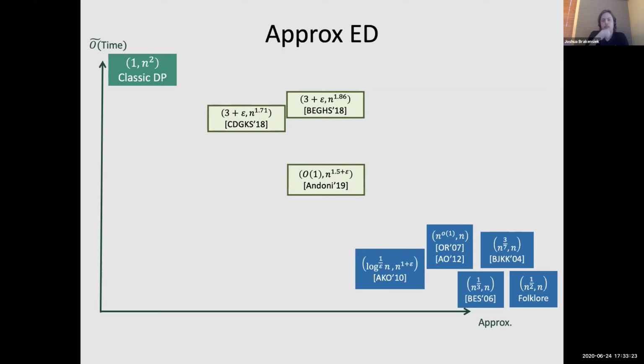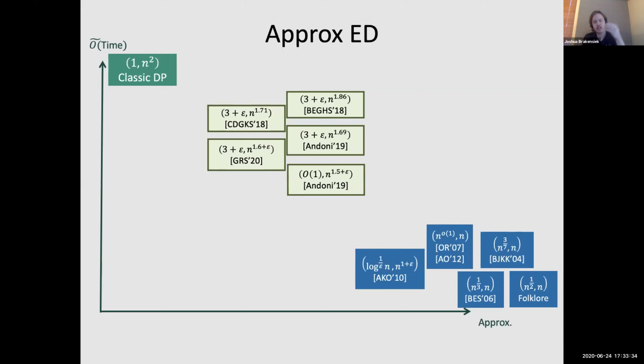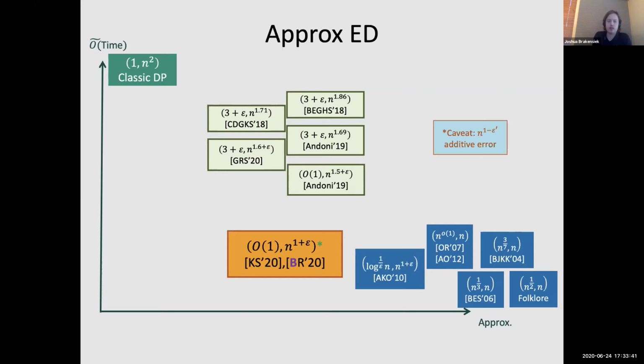And then, as was mentioned in Aviad's talk, there have been a few other algorithms that improved the constants, but all of these run in time at least n to the 1.5. The main contribution of these two papers is a near linear time algorithm that gives a constant factor approximation, with a caveat that it only applies to large edit distance, or in other words, there's also an additive error of n to the 1 minus some epsilon prime.